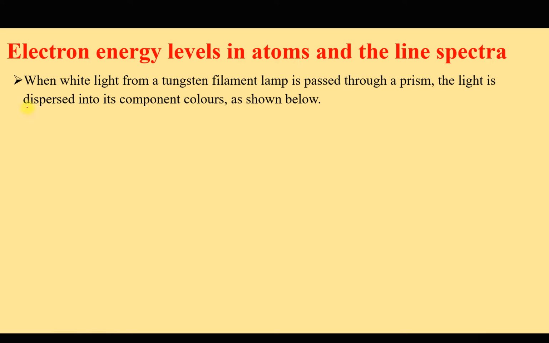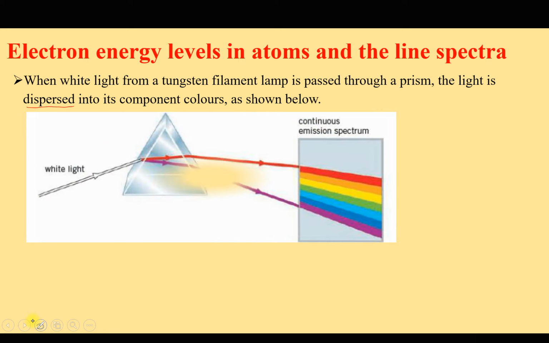It splits into its 7 constituent colors that you saw in IGCSE physics, the 7 colors of the rainbow. And when you clearly look through these colors, you notice that there is no clear boundary between red, orange, yellow, green, blue, indigo, and violet. There is no clear boundary between these colors.